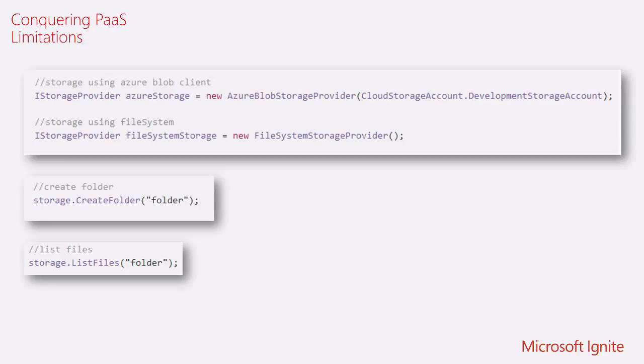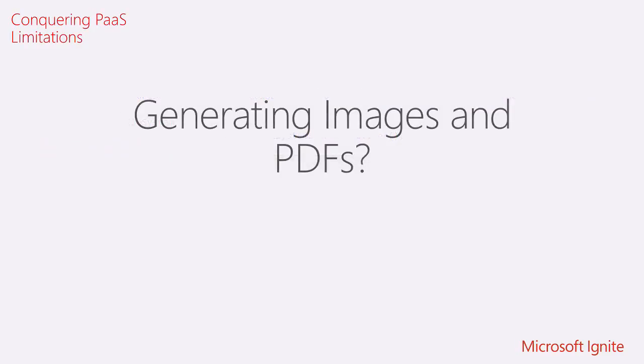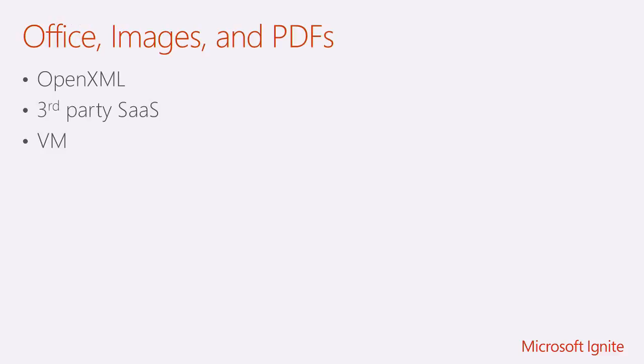So when you write through the interfaces, with your configuration you can change the application to depend on these interfaces. And once you are ready to move to platform as a service, you make a switch and you instantly start writing to the blob storage rather than to the file system. Abstraction is your friend.